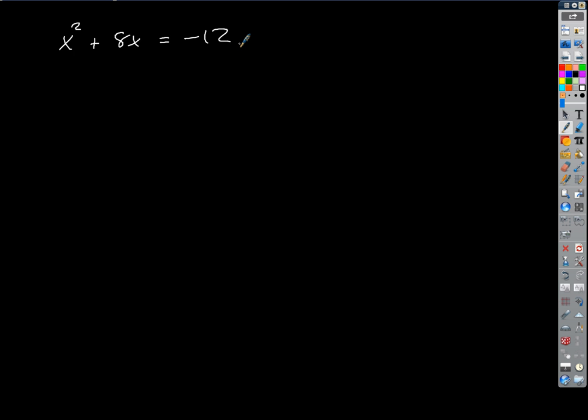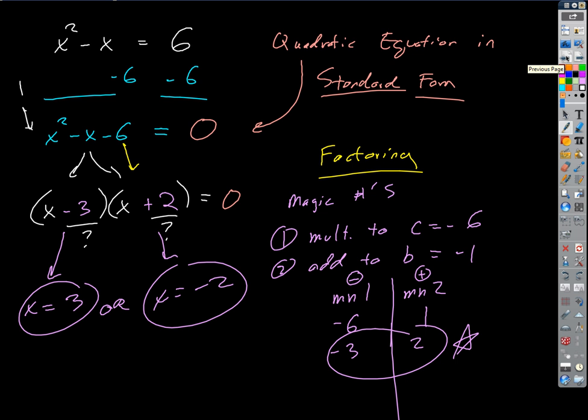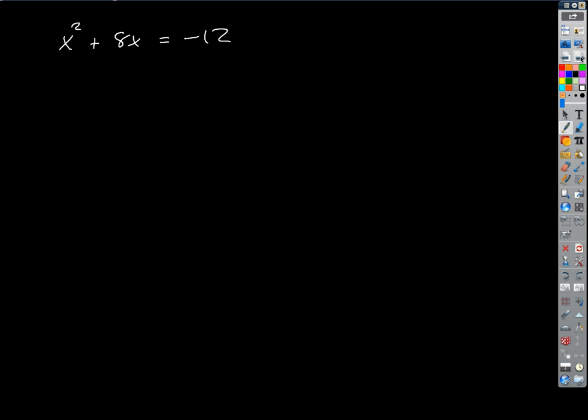If we're going to solve that, what's the first thing we always have to do? The only way this trick is going to work is if we've got it equal to 0. So what's the first thing we have to do here? Add 12. Good. So the first thing is we're going to put this into standard form.